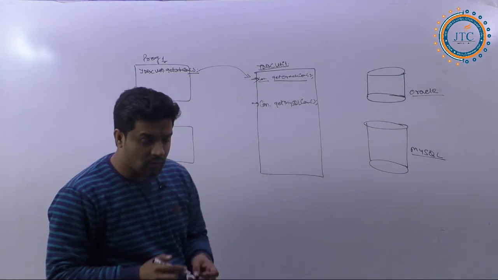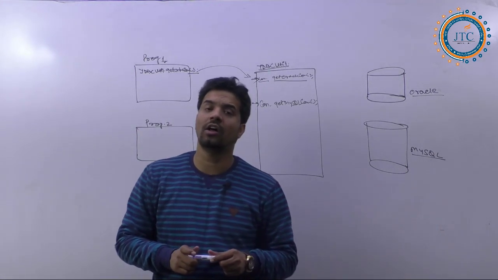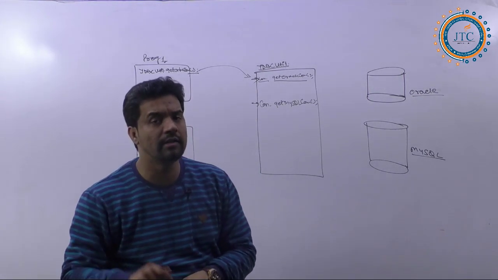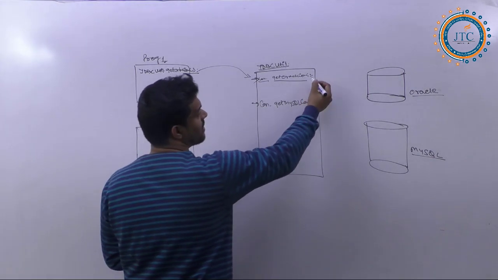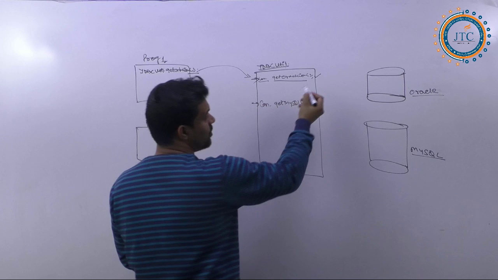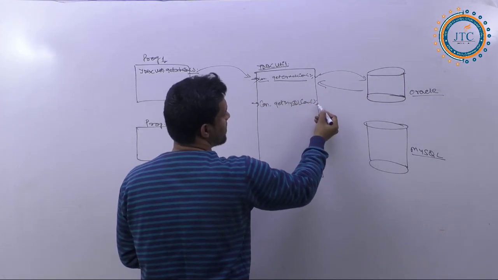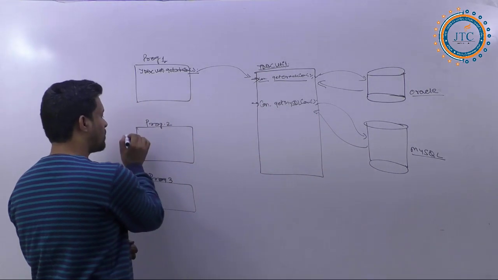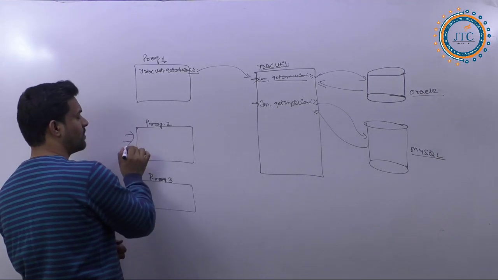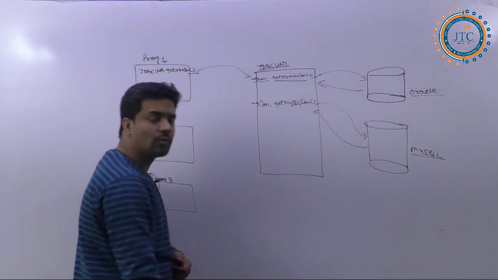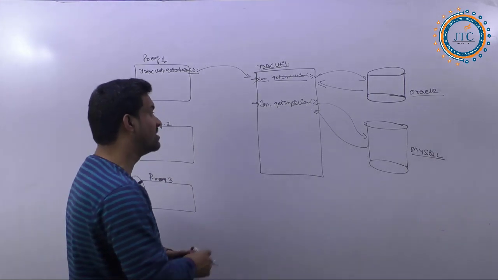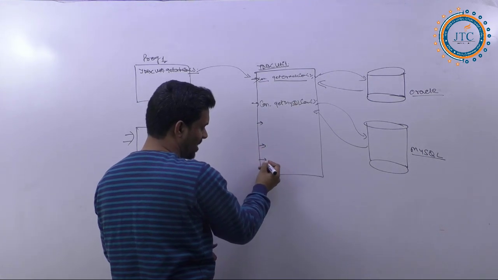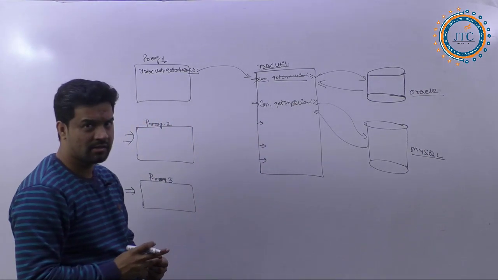Now in order to establish the connection, what all different kinds of code and other things are required, you are going to write inside this. So this is going to interact with the Oracle, or if it is there, that will interact with the MySQL. Fine. Like that, if these all programs need the connection with the MySQL or Oracle, whichever connections they need, they will immediately call the corresponding methods you are defining, depending on the database.